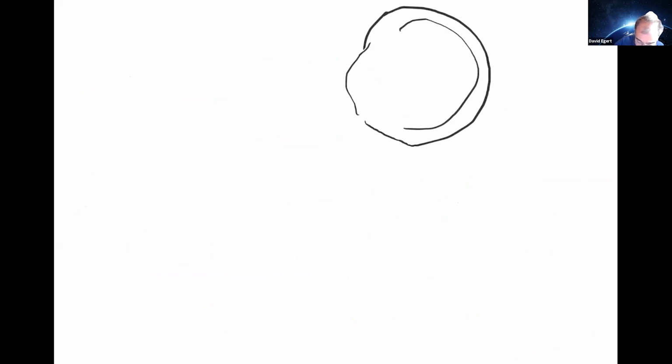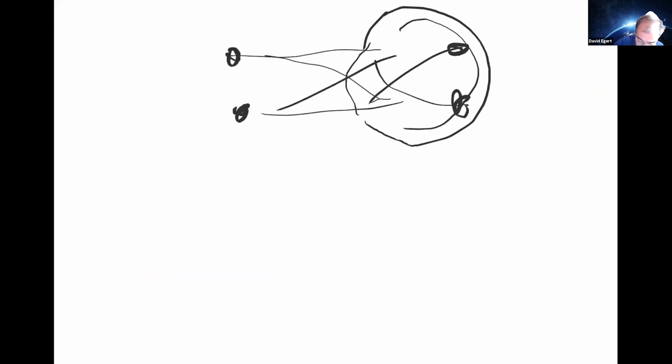When you think about the eyeball, and you're looking at two dots, and they land on the retina, there are different rods and cones responding to those two different dots. So it's not surprising you can tell two different dots apart, because you have independent little receptors responding to the different things out in the real world.